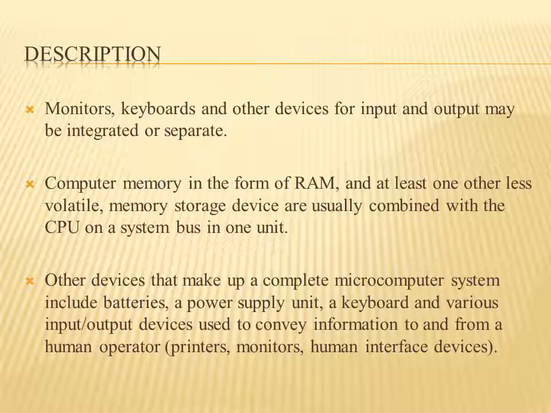Computer memory in the form of RAM and at least one other less volatile memory storage device are usually combined with the CPU on a system bus in one unit. Other devices that make up a complete computer system include batteries, a power supply unit, a keyboard and various input-output devices used to convey information to and from a human operator: printers, monitors, human interface devices.